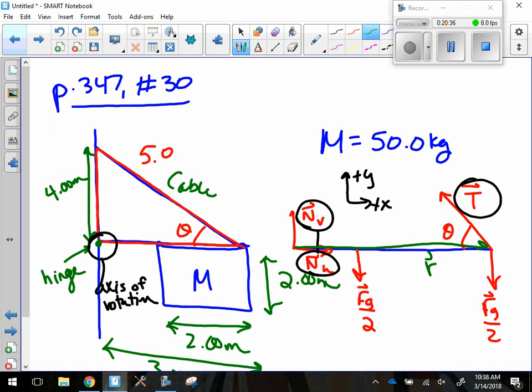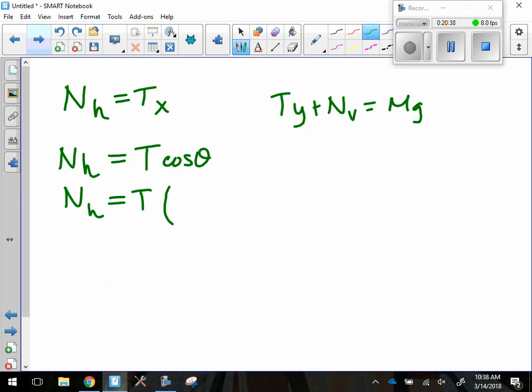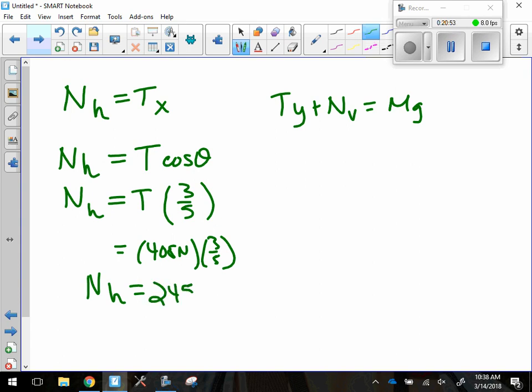Adjacent over hypotenuse. So we know that T is 408 newtons times 3/5. So NH is going to be... Yep, I agree with that.